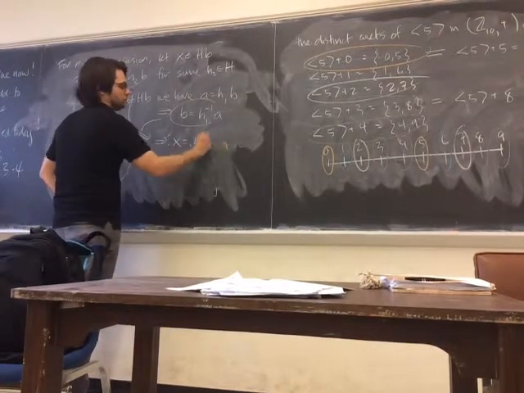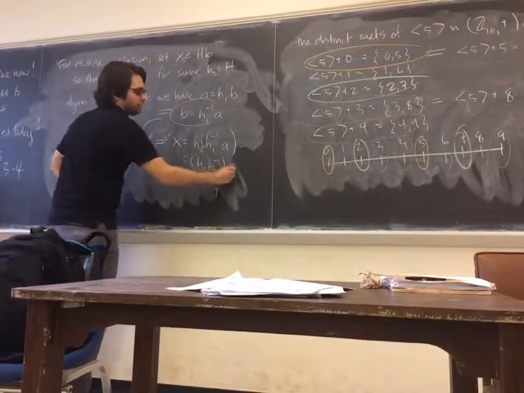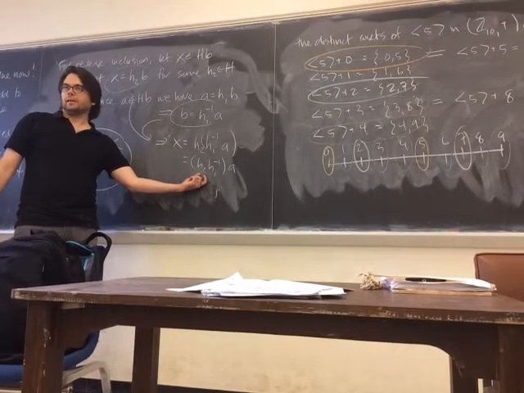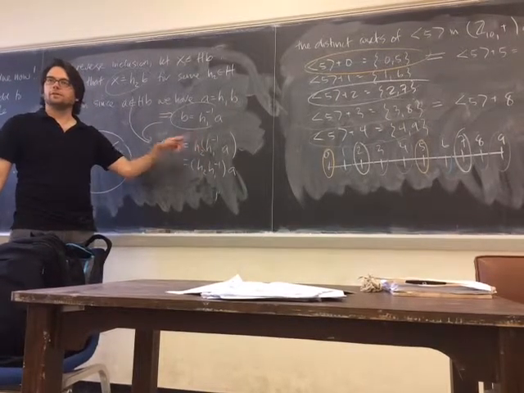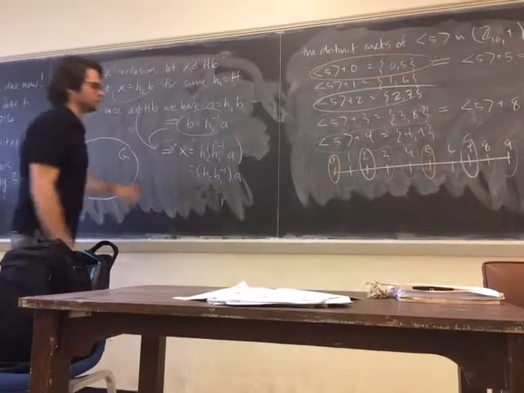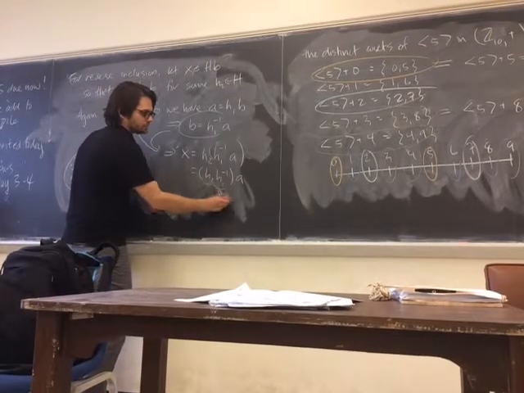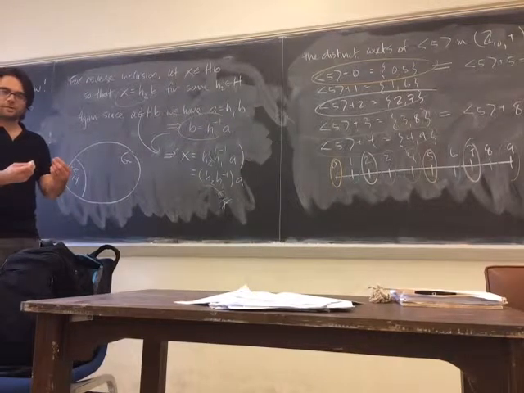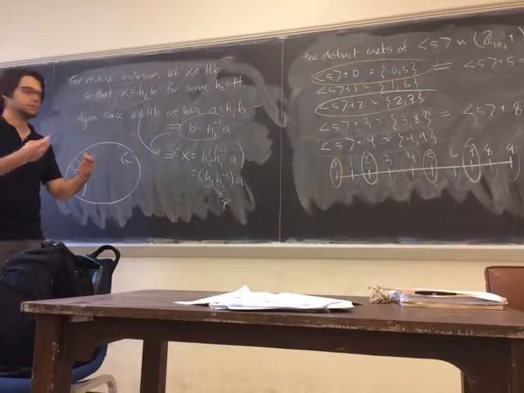But that's h2, h1 inverse, a. This is two things in H being multiplied together. And remember, I'm using the fact that H is a subgroup, so that h1 inverse is in H. This is why you need subgroups to be closed under inverses and closed under multiplication. This is an element in H. Remember, if you take two elements in H, if you invert one, you're still in H. If you multiply them, you're still in H. That's the whole point of these subgroups.